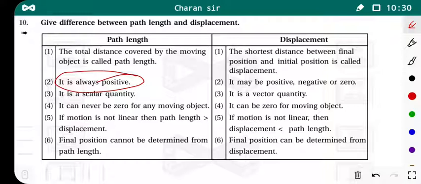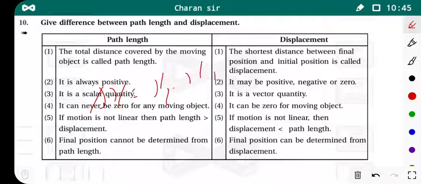Because of that, path length is always positive, but the displacement may be positive, negative or zero. Suppose we know that the displacement is given by delta x is equal to x2 minus x1, where x2 is the final position and x1 is the initial position.